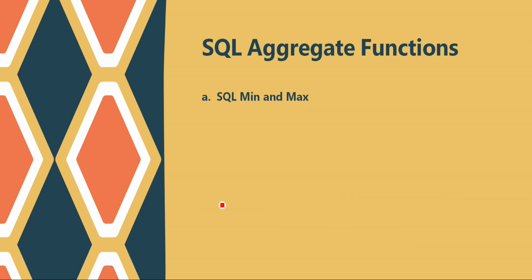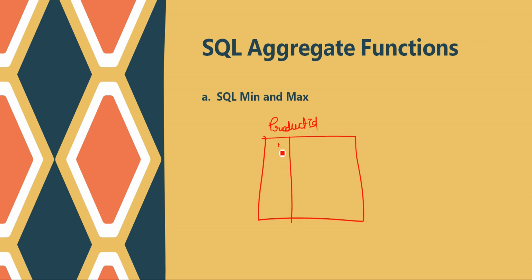But on the other hand, let's say I want the maximum product ID. Let's say we have product IDs 1, 2, 3, 4, 5, 9. In this case, again I need to write this maximum function, and inside this function I need to specify the column name, product ID, because I want the maximum product ID.